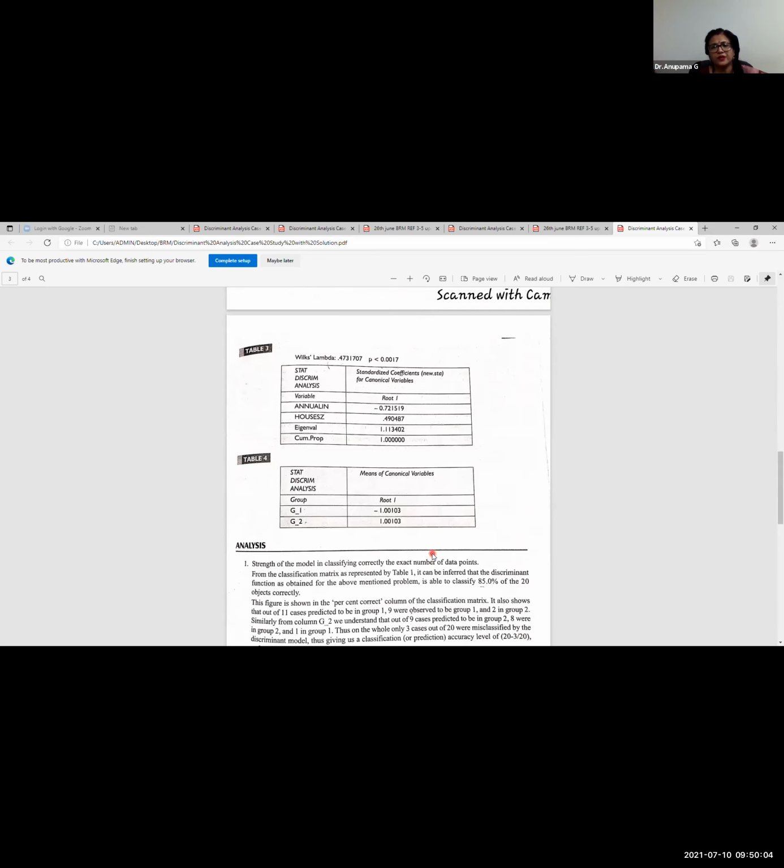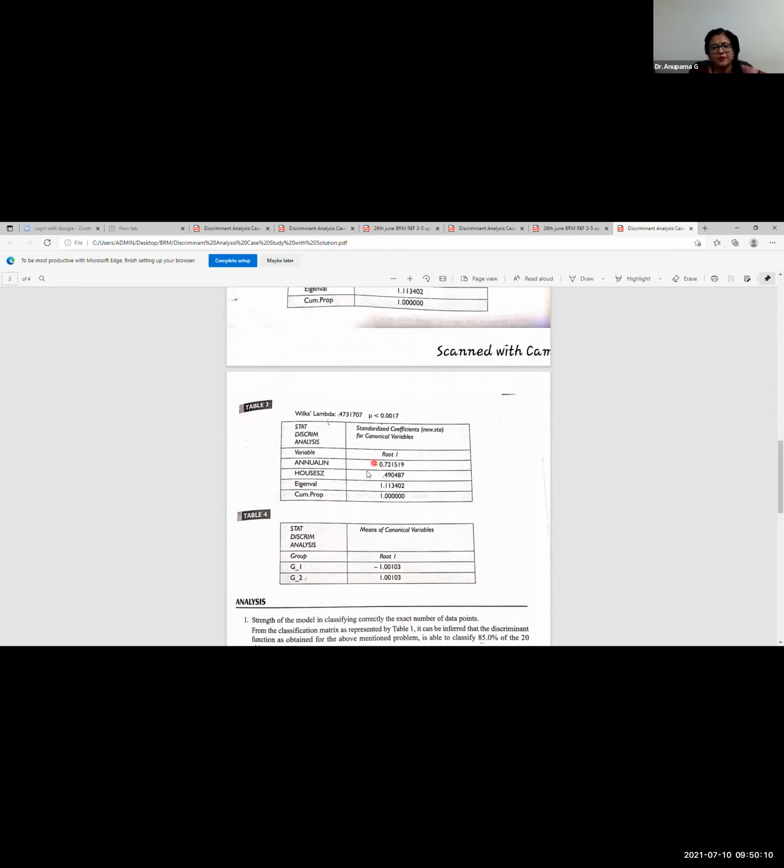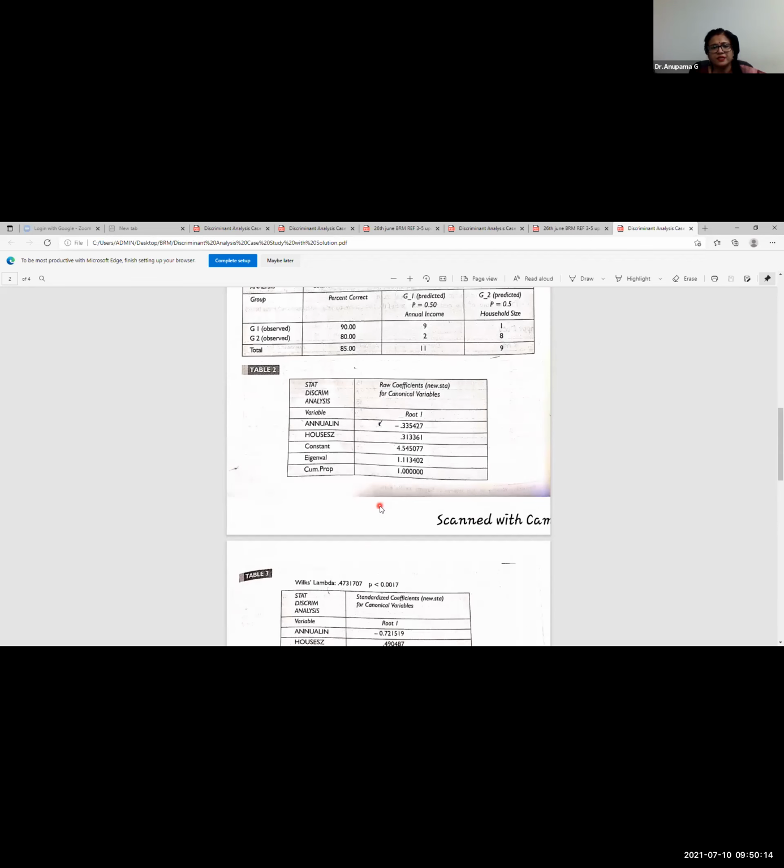How you are going to get the function coefficients is from this standardized coefficient table, where if you see this, you are getting some amount of idea about the possible coefficients that are released here. The raw coefficients will have certain things. So this table 2 will give you the idea about what is the constant value. So you see here, the output here is 4.54077. That is the constant which is taken in the discriminant function case.